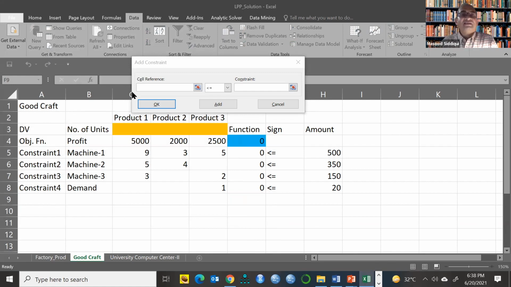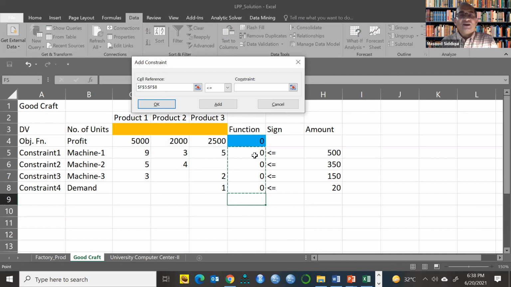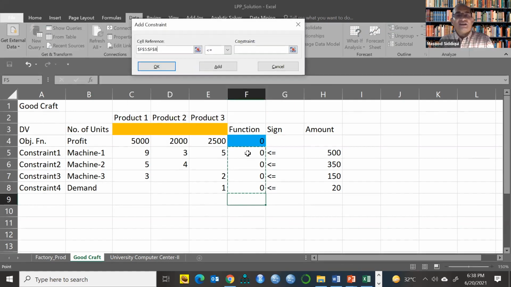Okay. And here the cell reference, since all constraints are having the same sign, we can select all the functions, meaning from F5 to F8, 5, 6, 7, 8, and the sign is less than or equal to.